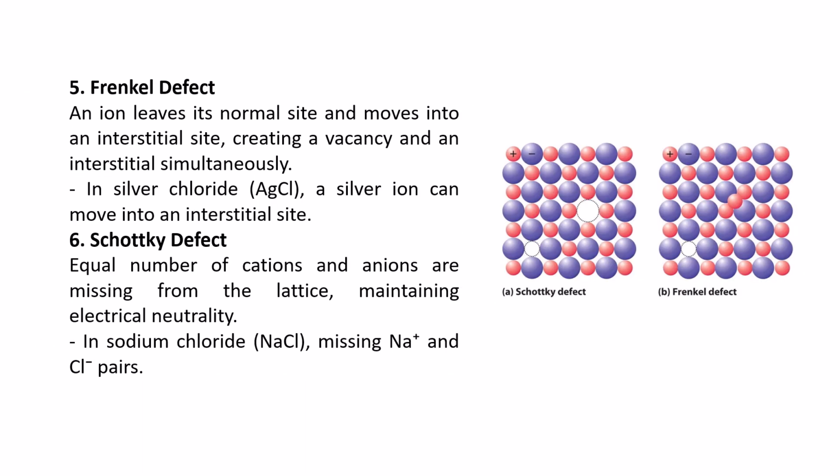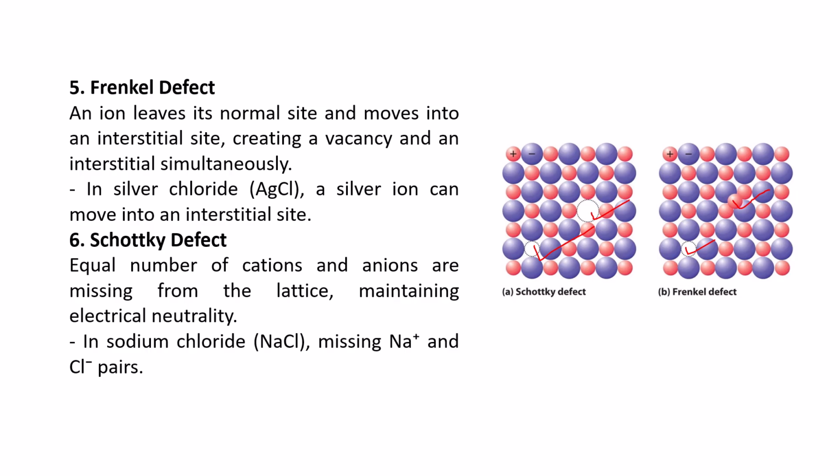In Schottky defects, when an anion vacancy is associated with a cation vacancy, then two defects occur and it maintains electrical neutrality. And in the case of a Frenkel defect, there is one vacancy and one self-interstitial. This pair of defects is called a Frenkel defect.